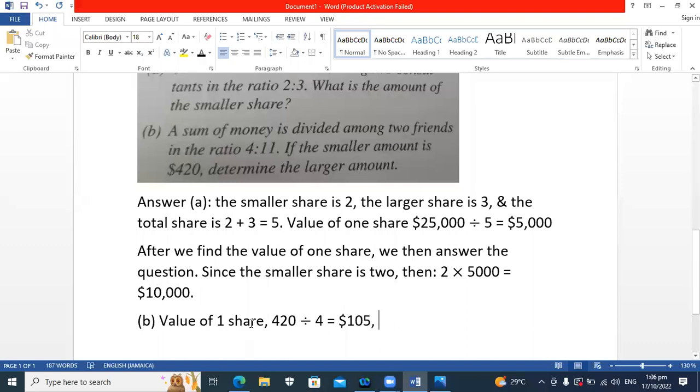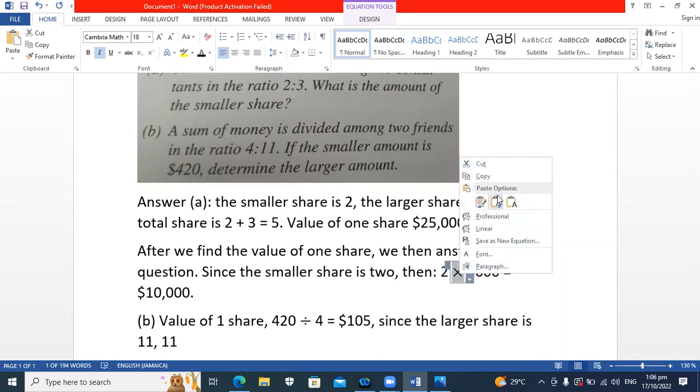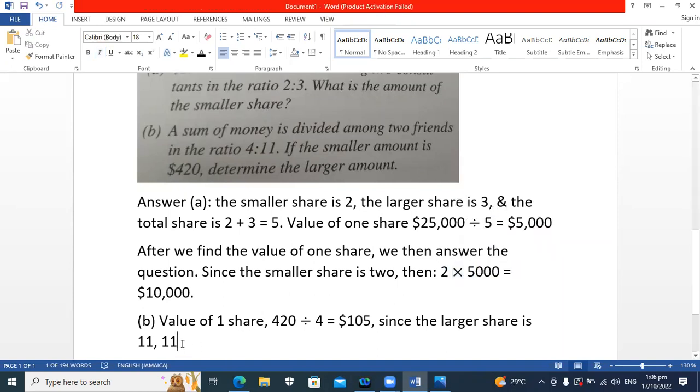So determine the large amount. Since we know the value of one share, since the larger share is 11, we say 11 multiplied by what? 105. So the large amount is $1,155.